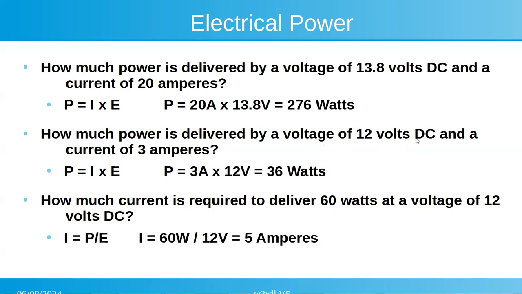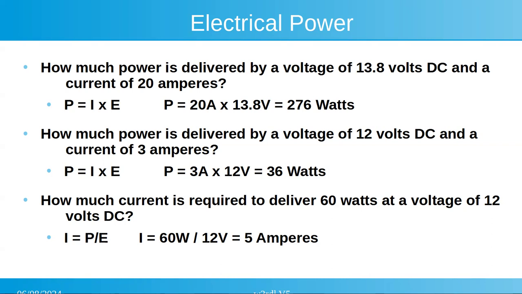So if I've got 12 volts and a current of 3 amps, how many watts? 3 times 12, 36. All right. That might be like a headlight bulb on a car. How much current is required to deliver 60 watts at a voltage of 12 volts?